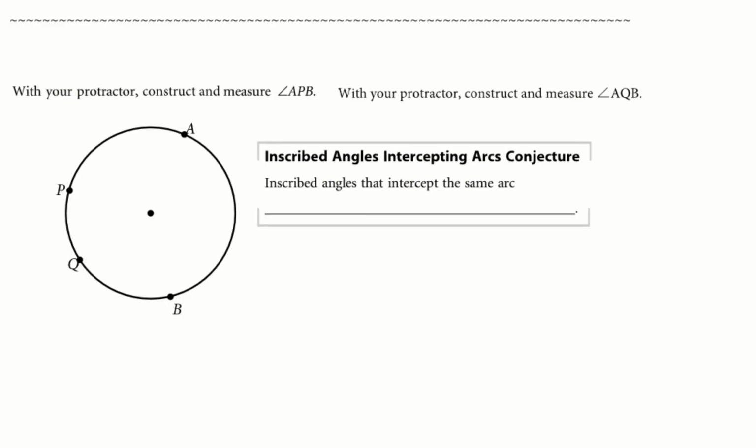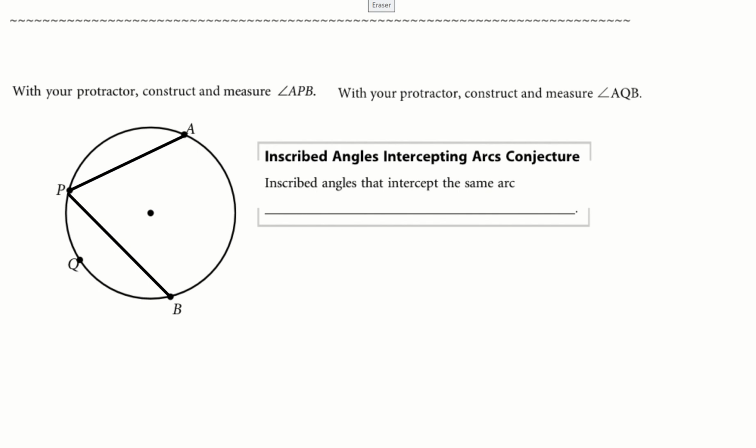Okay, so here's our next example. This one has to do with inscribed angles intercepting the same arc. It says to use your protractor and construct this angle APB. So you can construct this at home. This is angle APB, so there's the angle they're referring to.